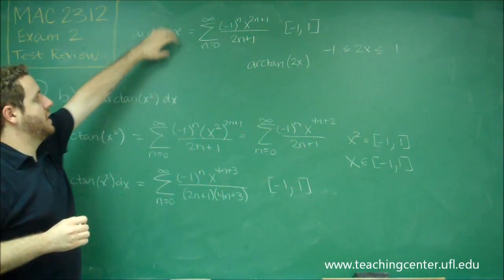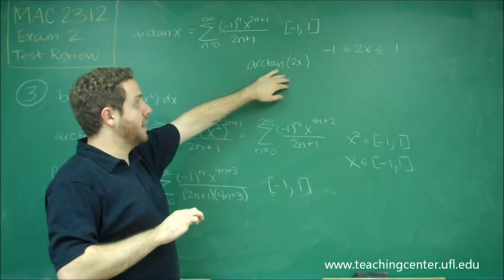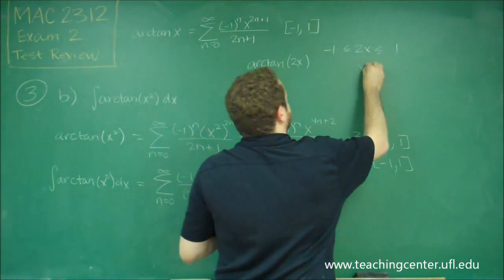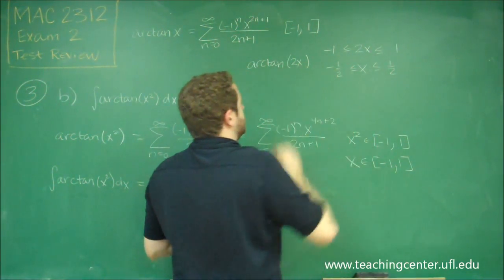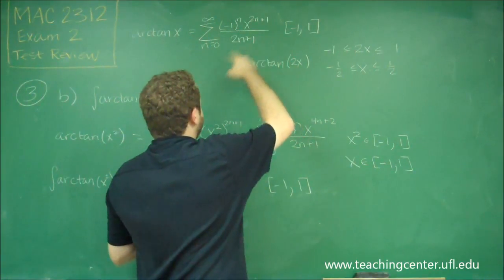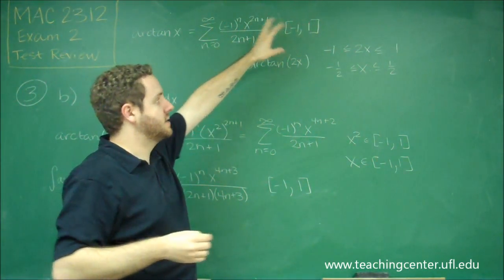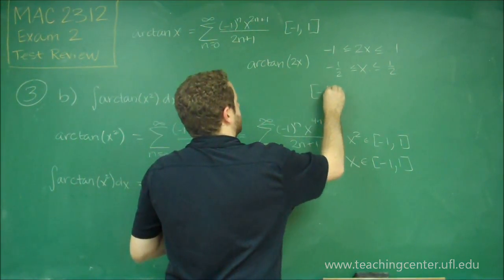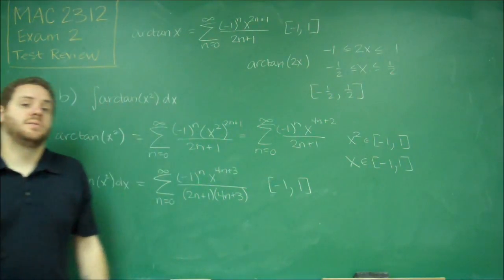Because this formula says whatever x is has to be in between -1 and 1. Now our x is 2x. So that means here x actually has to be in between -1/2 to 1/2. So the series formula for this you can get by plugging in 2x for x, but its interval of convergence would be -1/2 to 1/2, not -1 to 1.